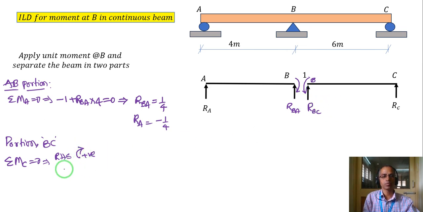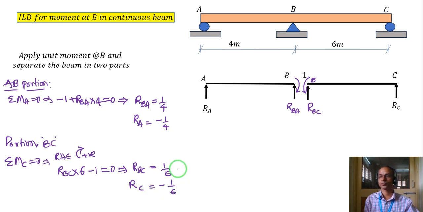So RBC gives me positive moment, so RBC into 6 meter. Then this is anti-clockwise moment, -1 is equal to 0. This means my RBC is 1/6, and that means RC is -1/6.